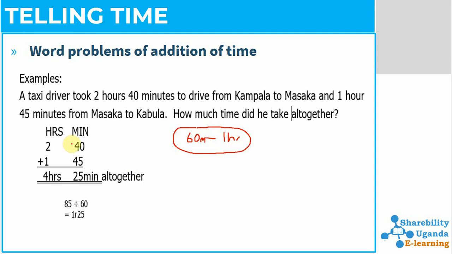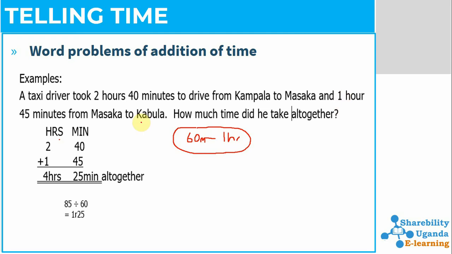So let's make some addition where we have 2 hours and 40 minutes. You just come and write here and show that we have hours, HRS, which means hours, then MIN, which means minutes. So we arrange the hours to the corresponding hours.